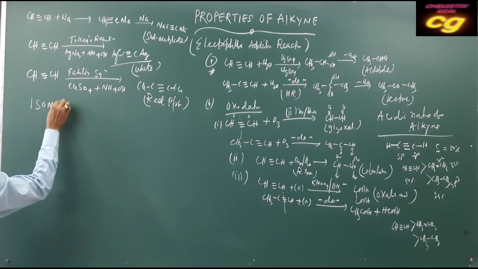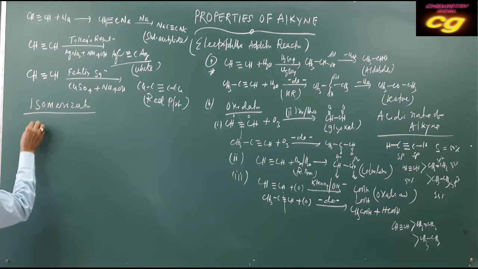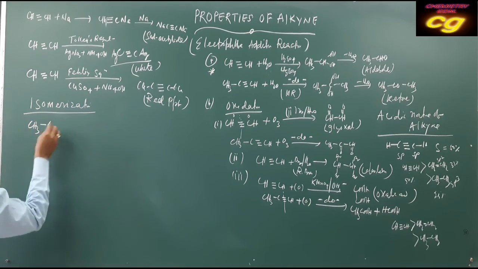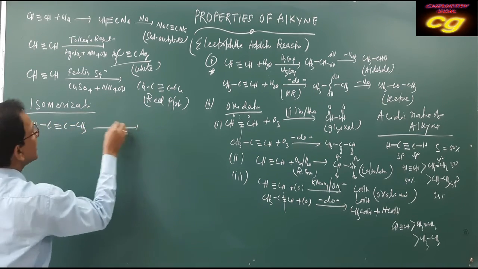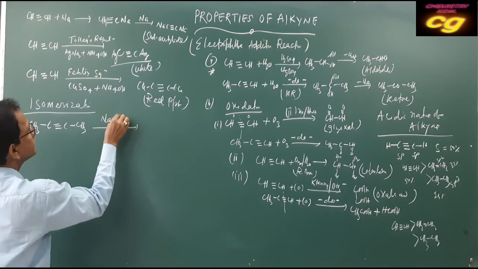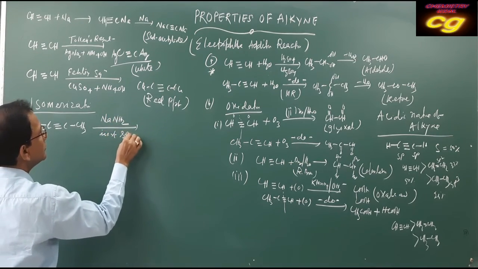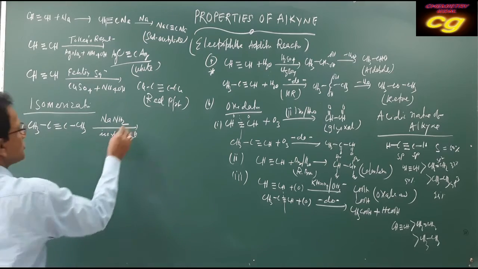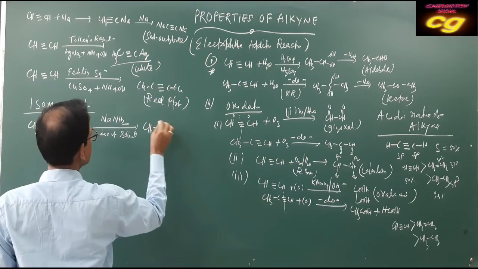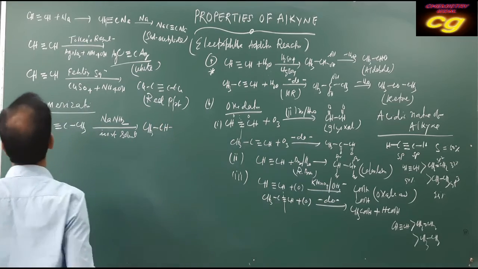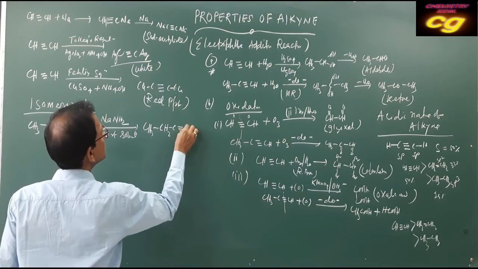Okay. Isomerization reaction also takes place. Isomerization of alkyne, for example CH3C, when it reacts with sodamide and inert solvent, it produces CH3CH2, then C triple bond CH.